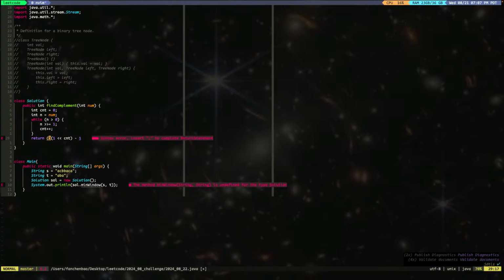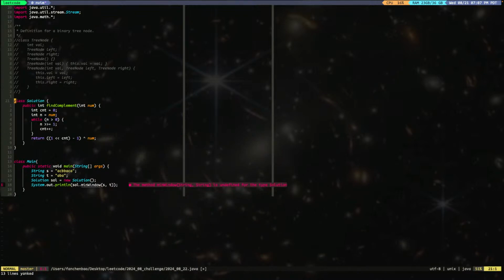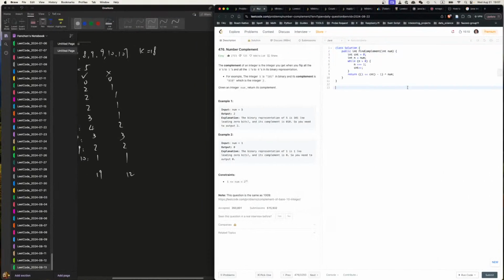And then this thing exclusive OR num. But I feel like there is a better way to do it. Yeah, I feel there's a better way to do it.